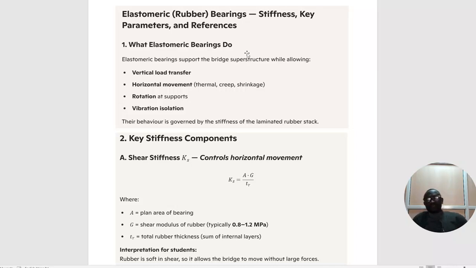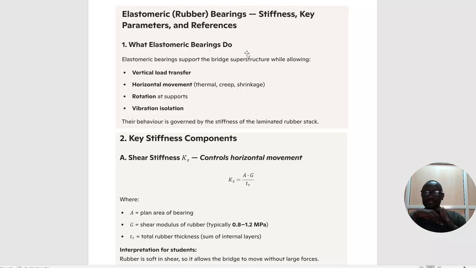Even when you're on the bridge, the braking, friction, the bridge moves in vertical and horizontal directions, even sideways. So that is something you need to consider. Rotation at the support, then vibration isolation.